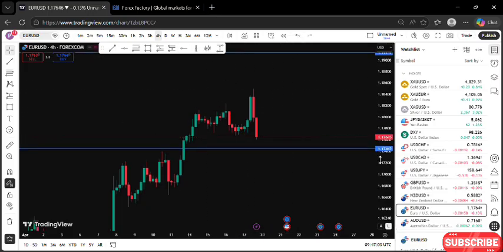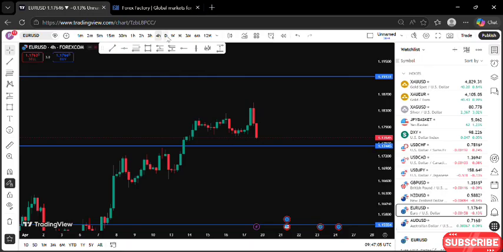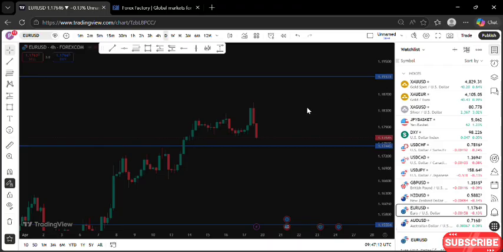So from this chart, I can still tell you that EURUSD is still bullish for the week. EURUSD is still bullish, guys. EURUSD is much bullish, just like GBPUSD. But this is Sunday. On Monday, we'll see whether the bias is valid or not.